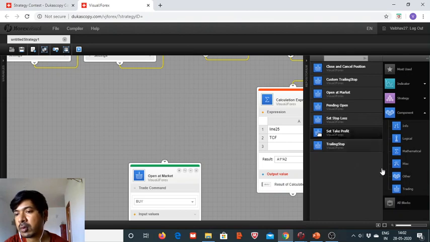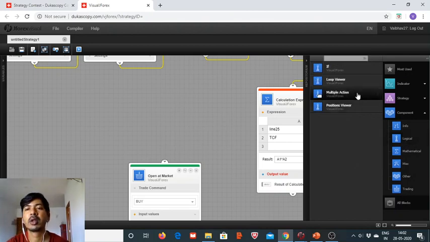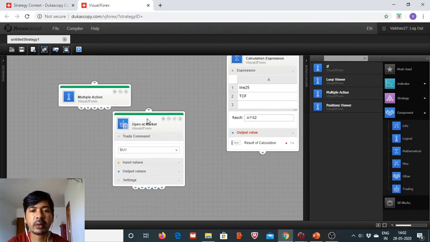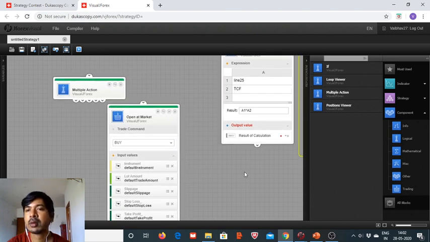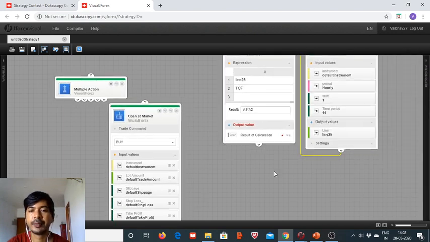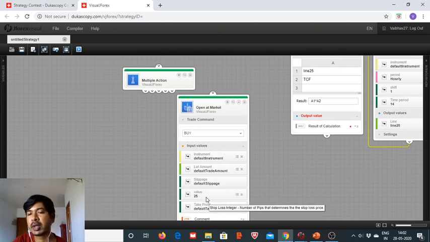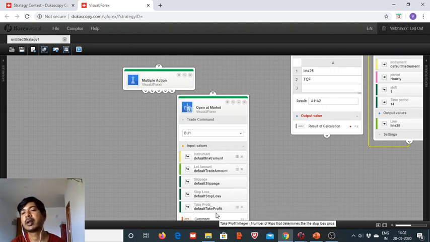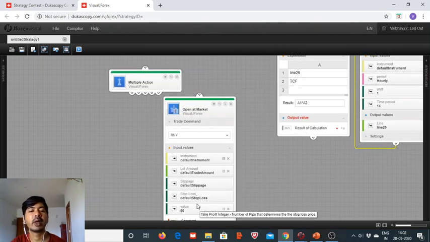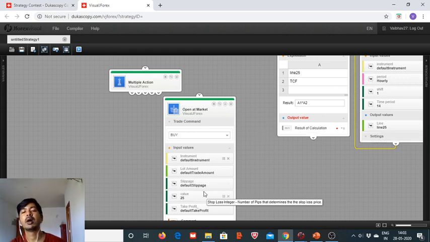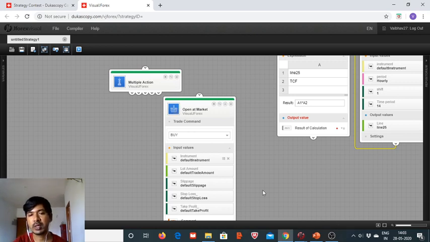Now logical, we got the multiple action here, and then we will need to create fresh variables here in the place of stop loss and the take profit, and then we will be putting these variables which will be in integer as the result of calculation, and then these double values will get calculated into the integer format, and then our stop loss and take profit, which would be in ratio of 1:1.